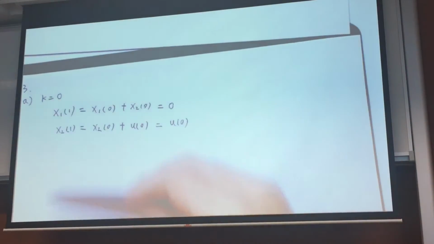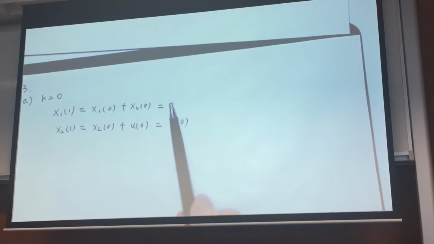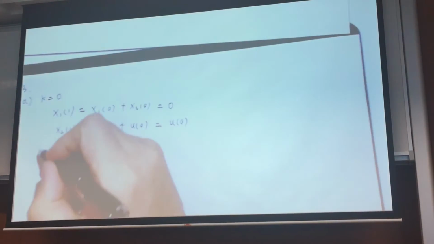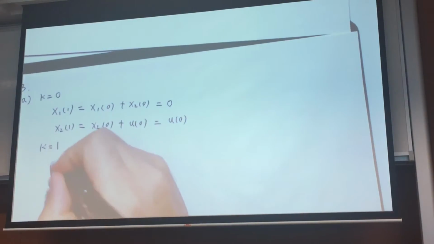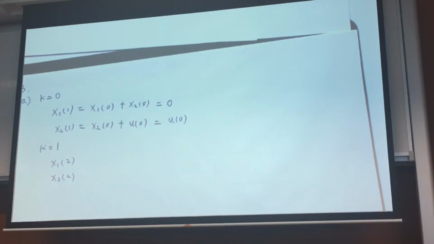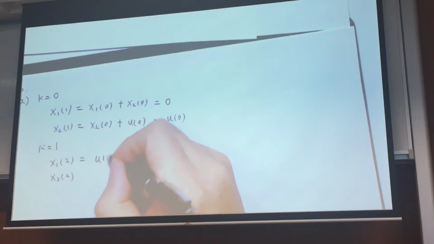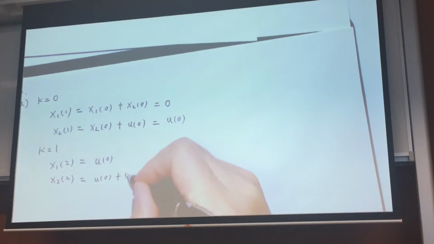So we do exactly the same procedure. We can change all the states to depend on the initial condition and all the control inputs. Similarly, you can do k equal to 1. That will give you x1,2 and x2,2. You do this, and this one will be u0, this one will be u0 plus u1.